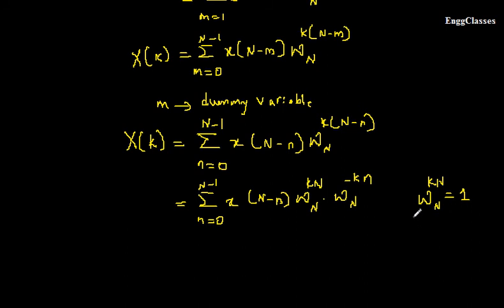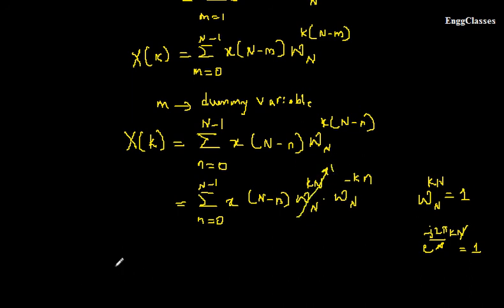I hope you understand why. Because W_N is nothing but e to the power minus j 2 pi divided by capital N. In the numerator I have k into N. N and N would cancel. I'm going to get e to the power minus j 2 pi k. I already proved that this is equal to 1, making use of Euler's rule. I hope you people remember that. Hence I would put this as 1.